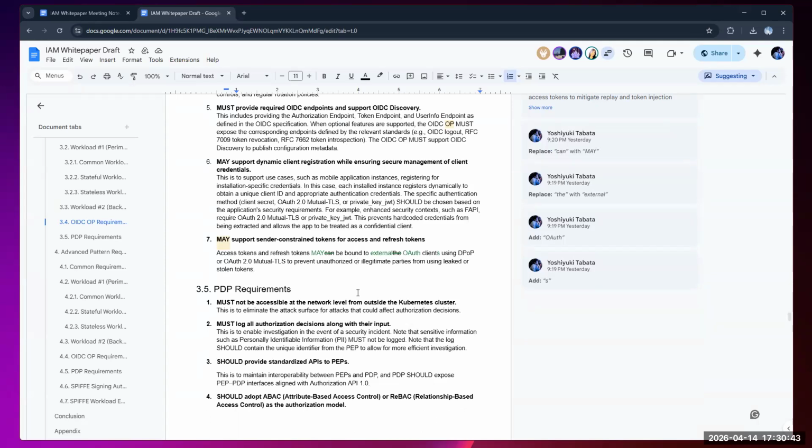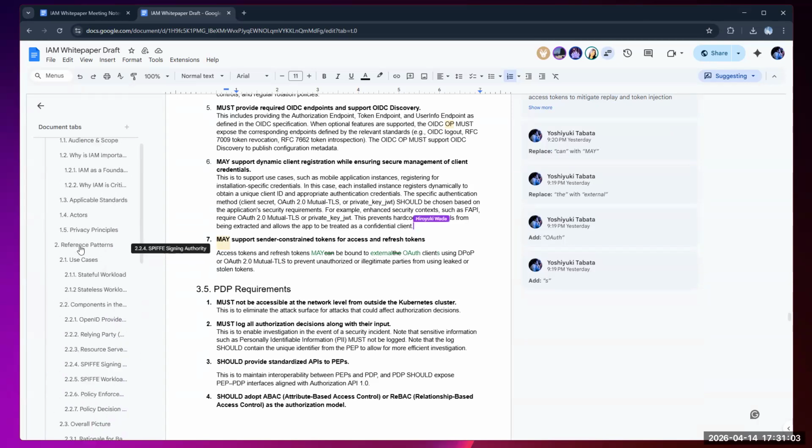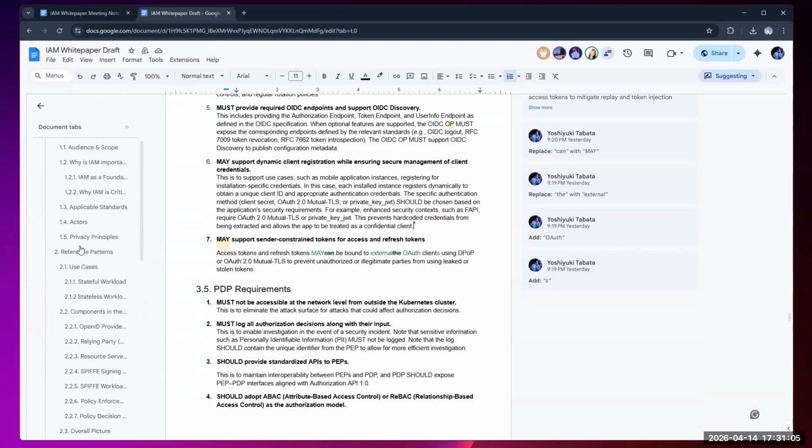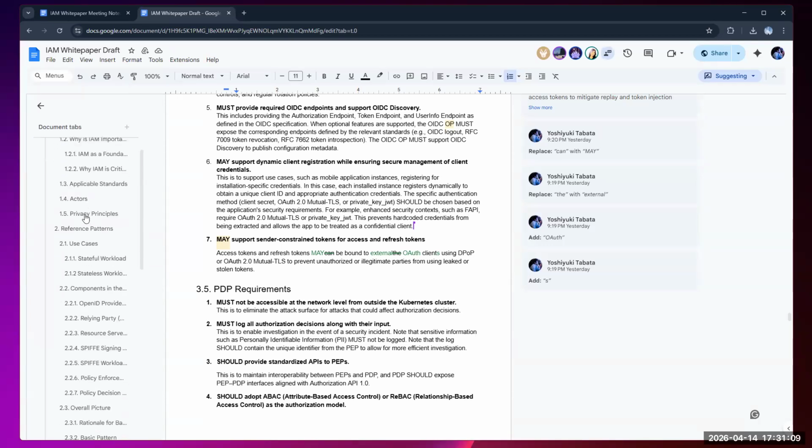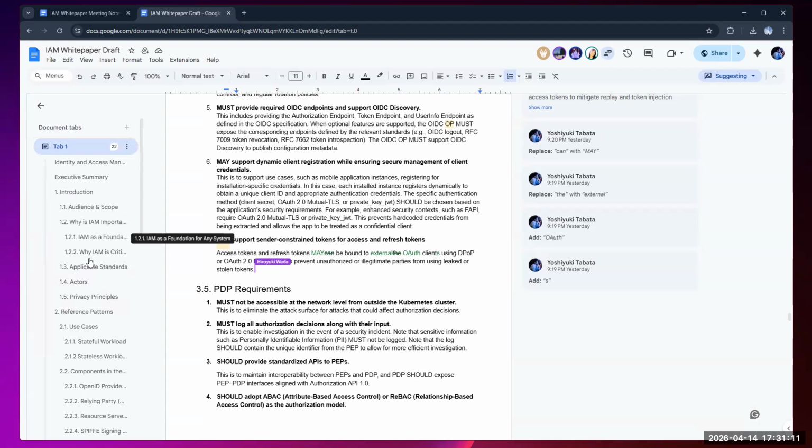Currently, we are writing about FAPI in this white paper. But is it okay to support sender constraint only? Yeah, we refer to the FAPI 2.0 security profile, but that is not the best practice.